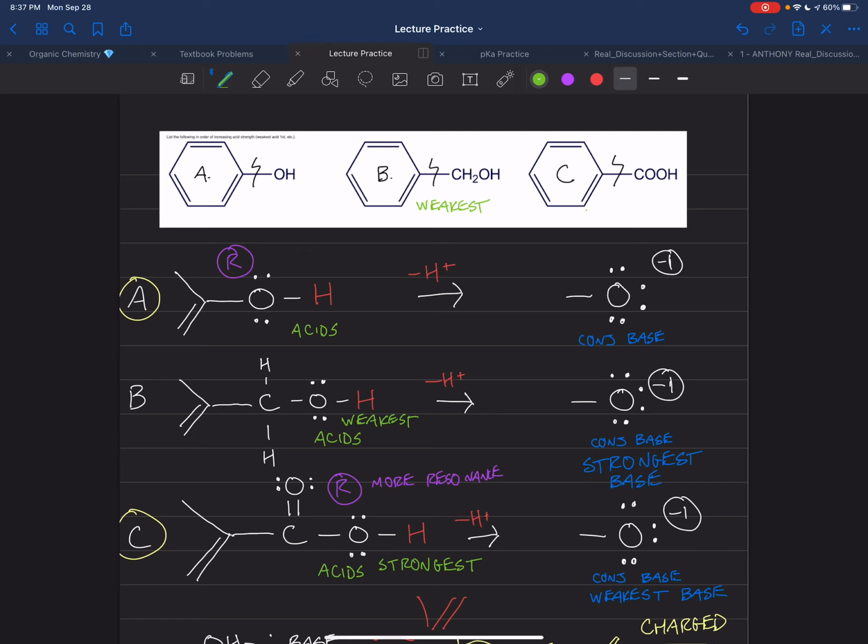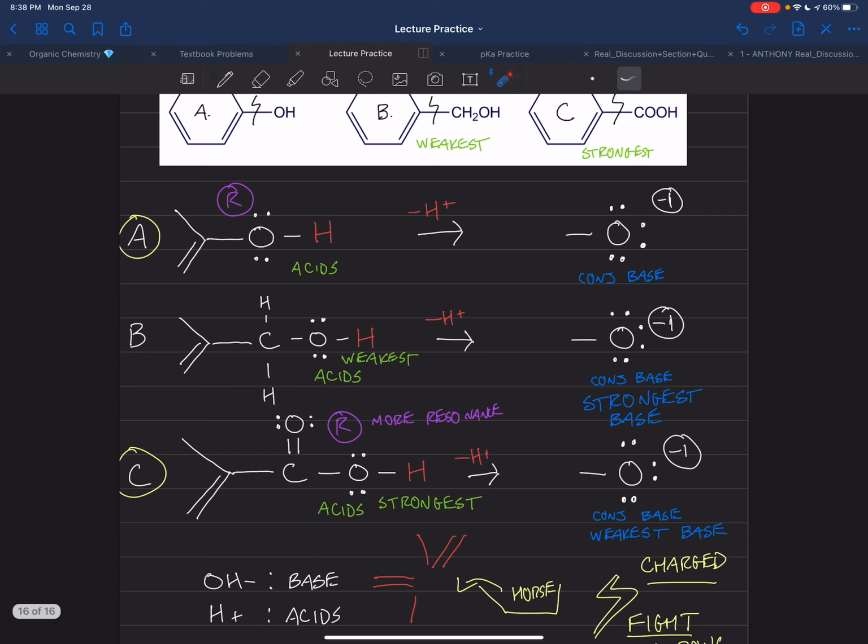I think there's one other thing that we can look at here, and that's this oxygen. Oxygen is electronegative, right? It has an electronegativity value of 3.5.